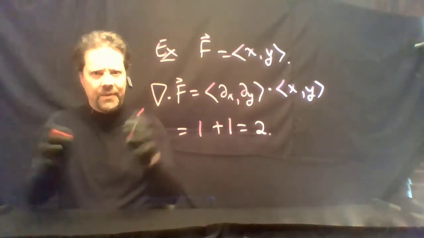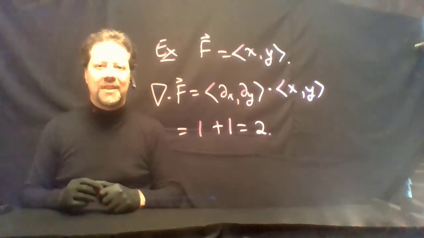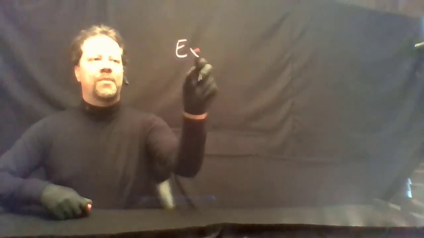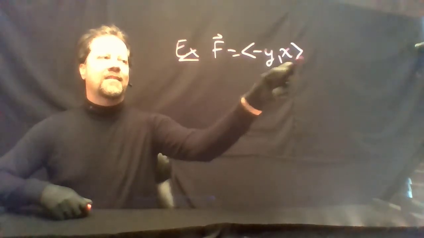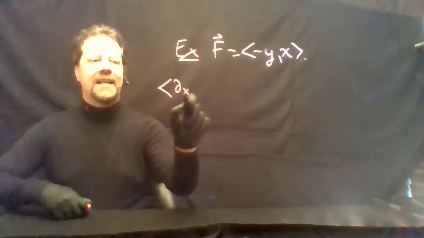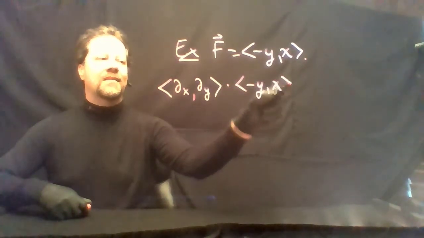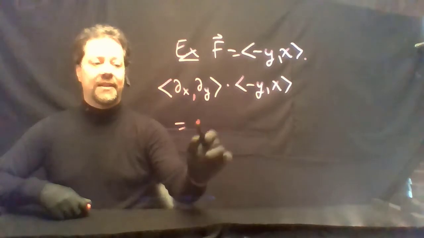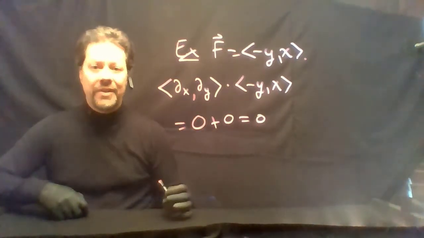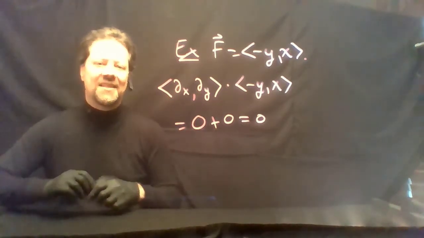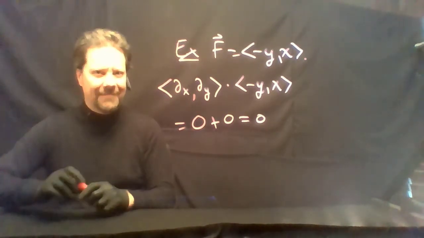This vector field was pointing out in all directions. Let's look at the other prototype. The other prototype was the vector field minus y, x. If you take d/dx, d/dy, and dot it with minus y, x, you get 0 plus 0. No divergence at all, which you might anticipate since this vector field was all curling, no diverging.